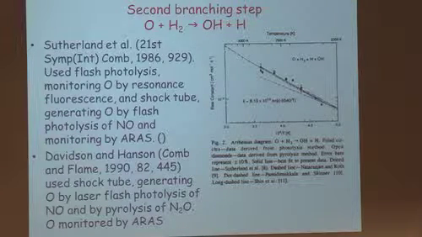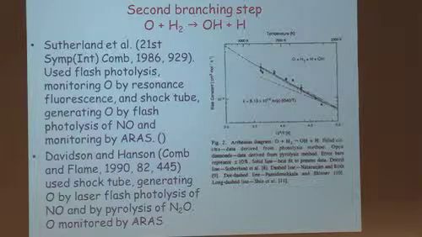And then they monitored using what's called atomic resonance absorption spectroscopy, which is using a resonance lamp corresponding to the oxygen atom and measuring the concentration by looking at the absorption of that light.